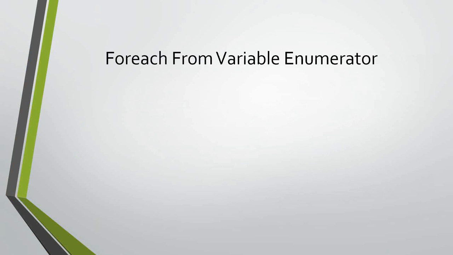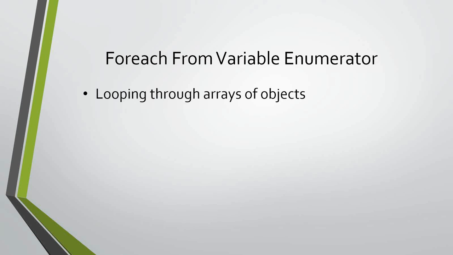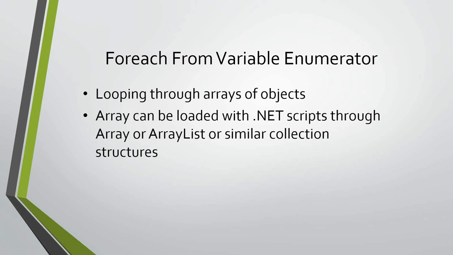The other enumerator is the from variable enumerator. The from variable enumerator is a useful enumerator when you want to load an array and loop through it. That array can be loaded from a script component based on an array list, or based on an array, or many kinds of object collections in .NET scripts, which can be loaded into an object type variable.